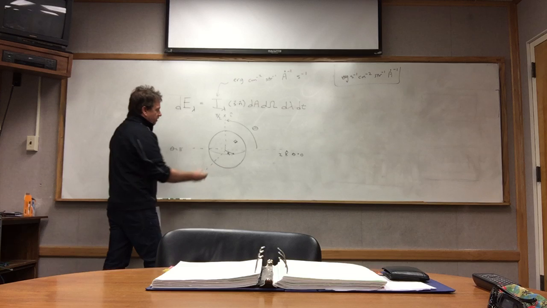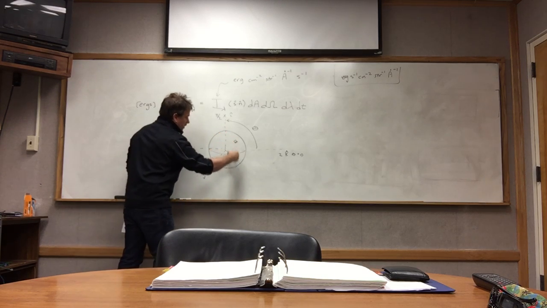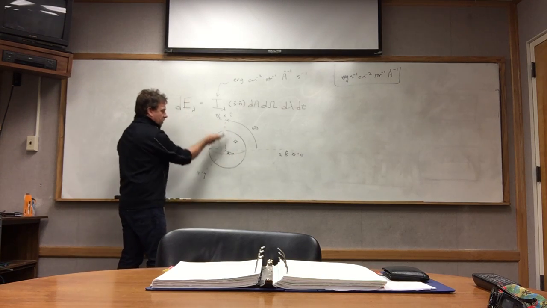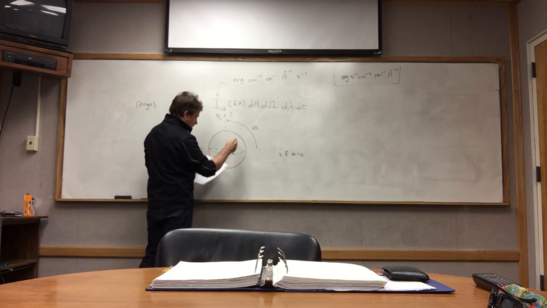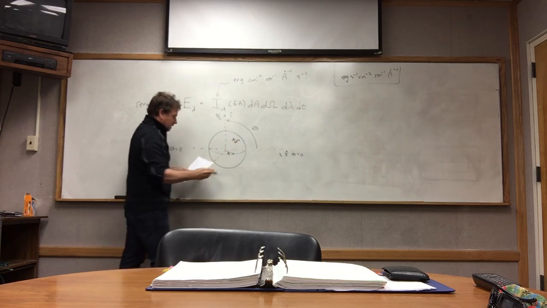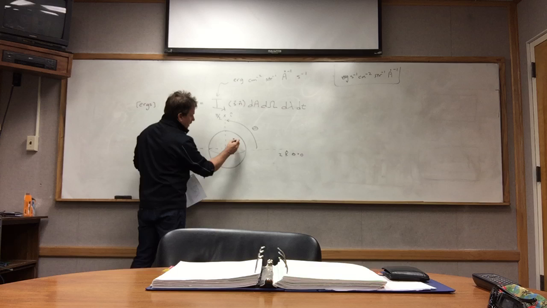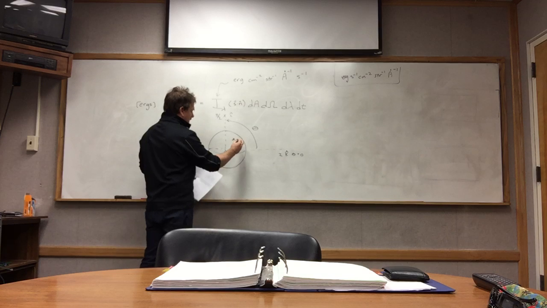And phi starts here at the x-axis and goes around this way, 2 pi. So this is the d phi here, and this is the d theta there. And on this area element, you might have radiation that comes out.